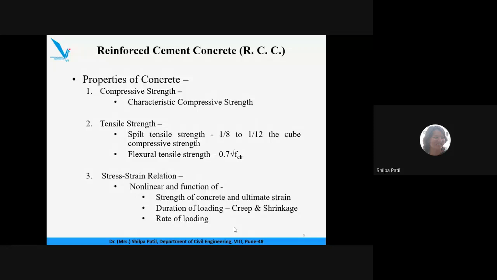Whenever we want to study any material, either concrete or steel or any other material, we need to focus on its stress strain behavior.